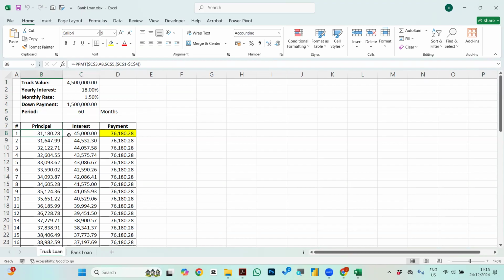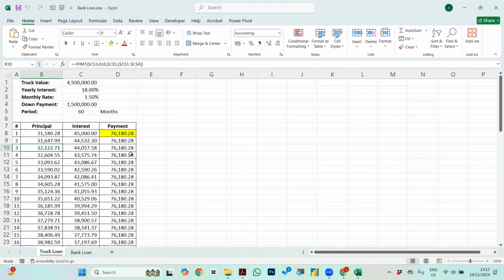What is going to be the principal, the interest, and the payment. All these calculations we actually cover in our full Excel course training, but here the document is provided. You just go through this and try to understand how the payment, principal, and interest are calculated.